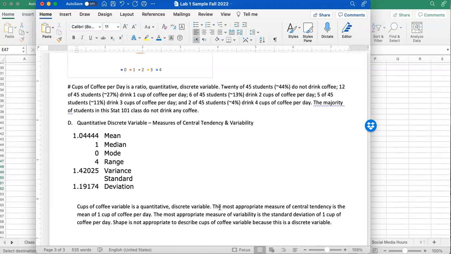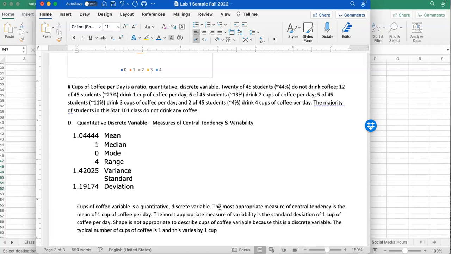Okay, now the last part of this would be, the typical number of cups of coffee is 1, and this varies by 1 cup.